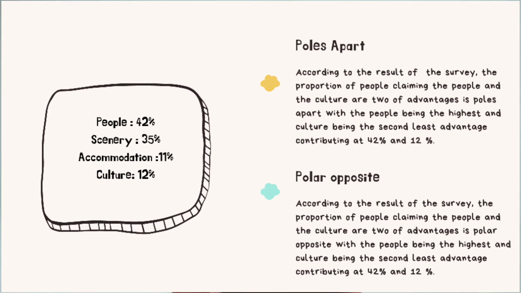Okay. By the way, I have the other example, the use of polar opposite. Actually, the concept is similar to the previous one. According to the result of survey, the proportion of people claiming the people and the culture are two of advantages is polar opposite, with the people being the highest and culture being the second least advantage, contributing at 42% and 12%.